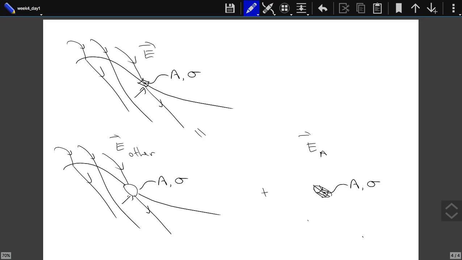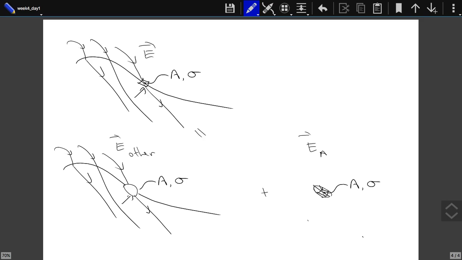And then I have this system. The superposition principle tells me that I can treat these two systems separately. So I can calculate the electric field created by this system only, and that is what I call EA. Now, if I look at this system over here, I have some surface charge.